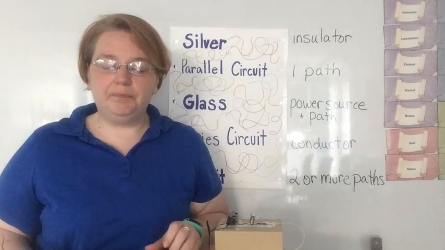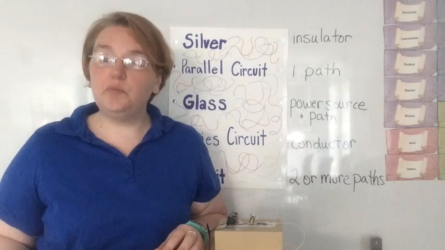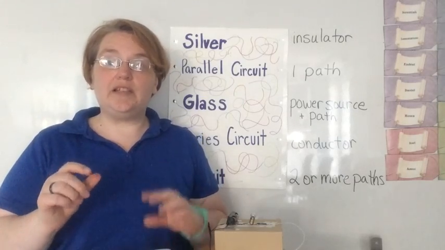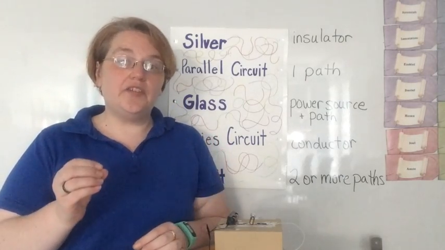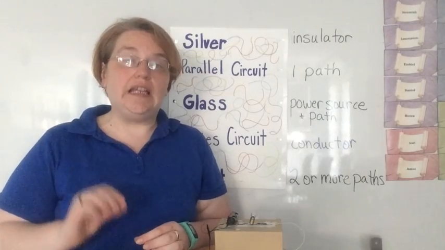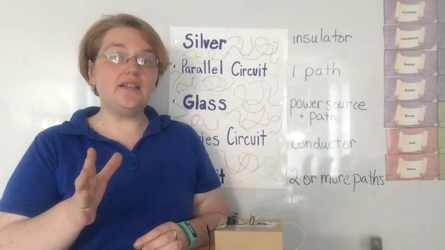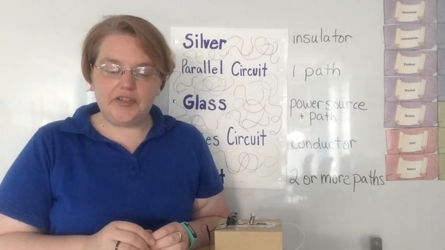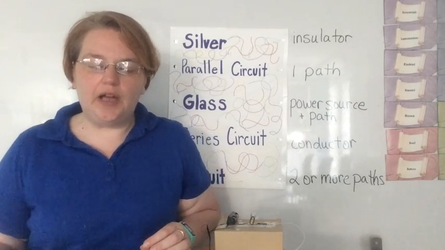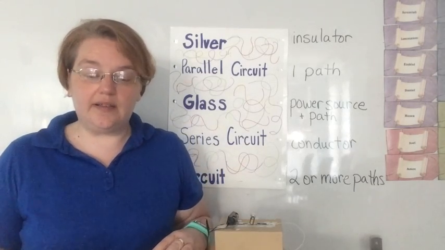So let's get started. It says all electricity happens because negative charges move. Yesterday we talked about those charges, positive and negative, and those negative charges in atoms are called electrons, and only electrons move. In static electricity, negative charges build up on one material and jump to another material all at once.